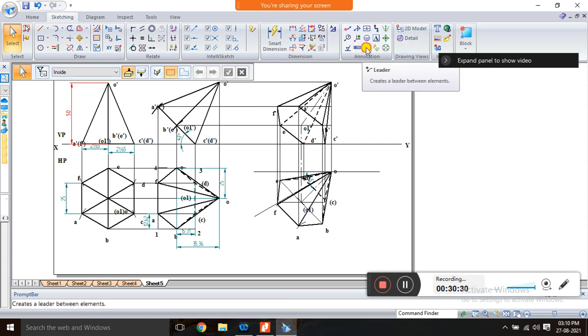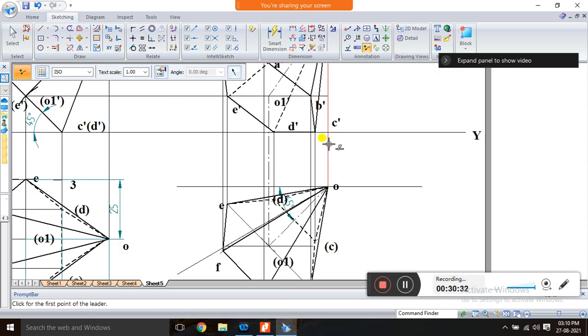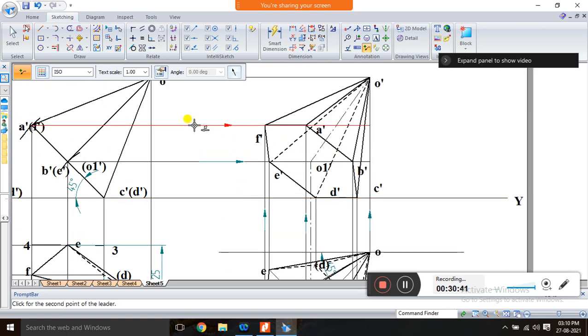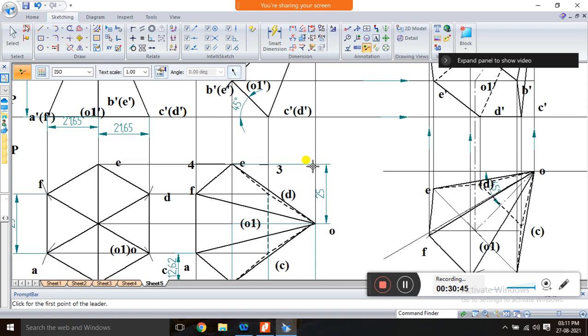After reconstructing all the three positions, you have to show the arrow mark, at least appropriate arrow marks, so that it shows which position is first, which position is second. It helps to detect the first to second, second to third.